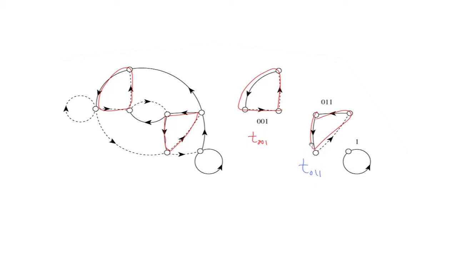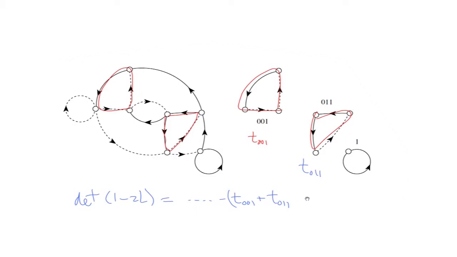And so when we start finding these contributions, 1 minus, we get T0, 0, 1 plus T0, 1, 1. These are these 2 guys.